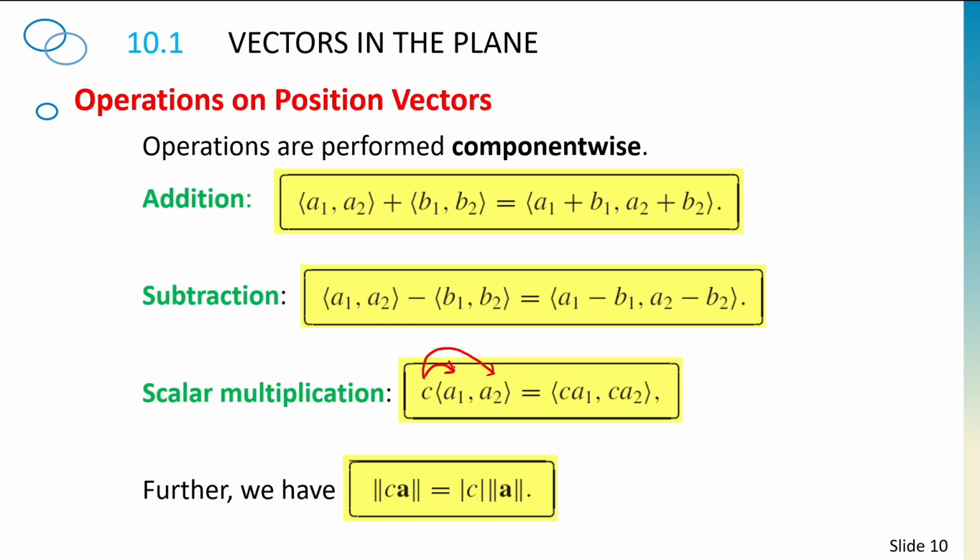Be careful that with all three of these operations, we start with vectors, and the result is a new vector. Adding two vectors, subtracting two vectors, or scalar multiplication, the result will be another vector.